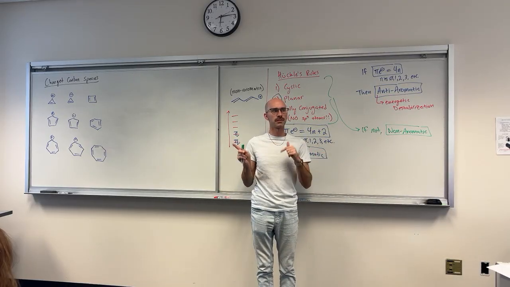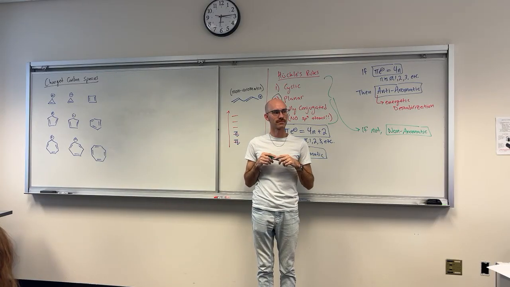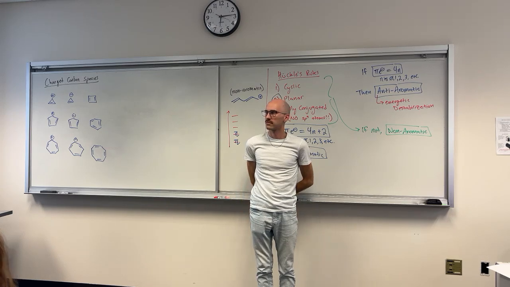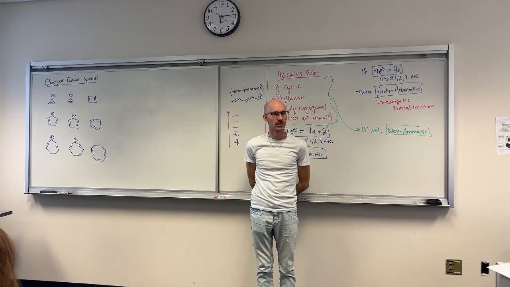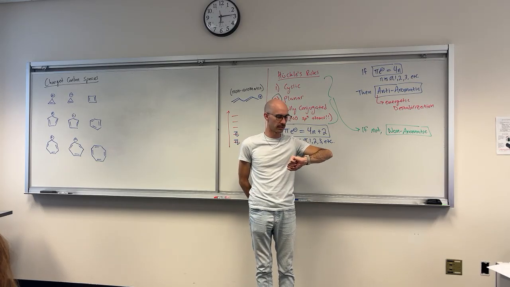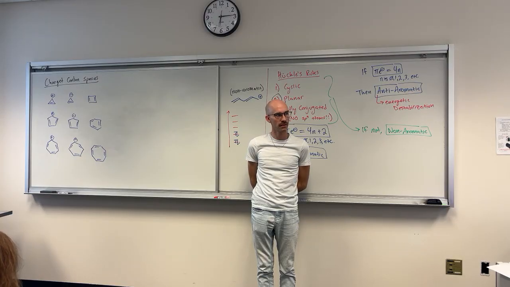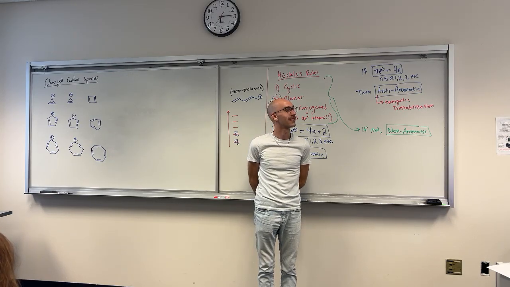What trends do you notice in these molecules? There is a charge trend, and there's also charge not trending in some ways. Do you notice anything? Could you put words to it? Yes.